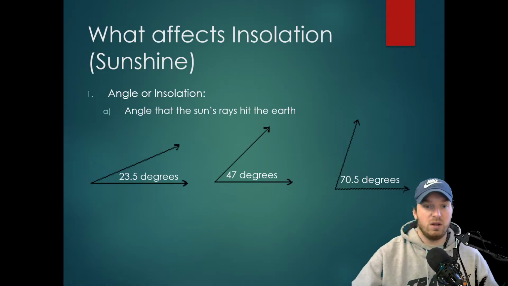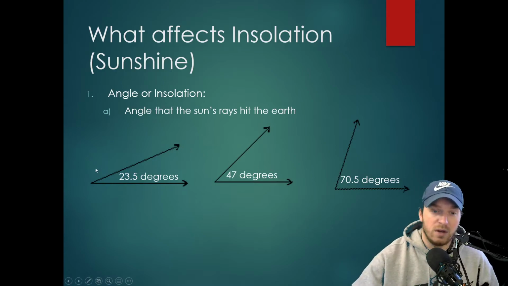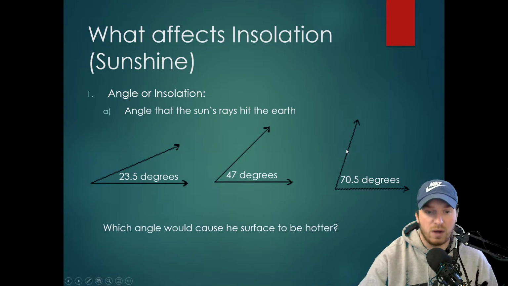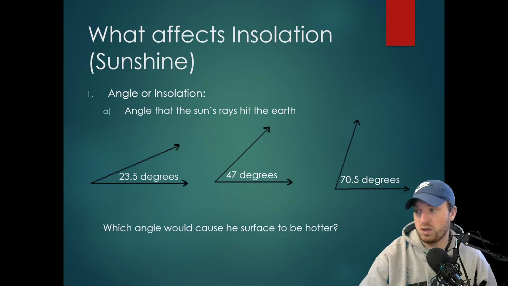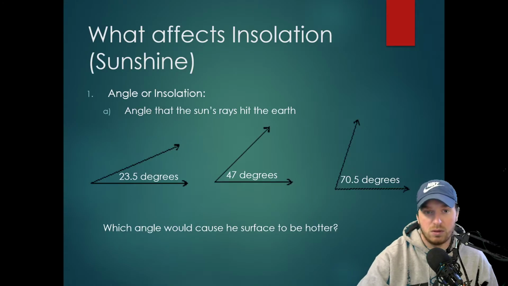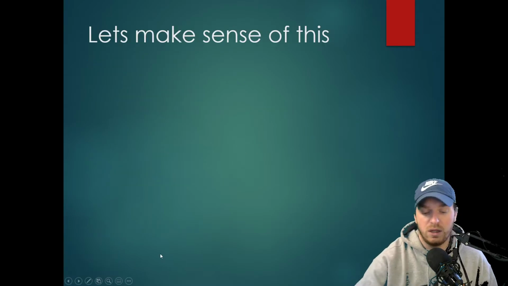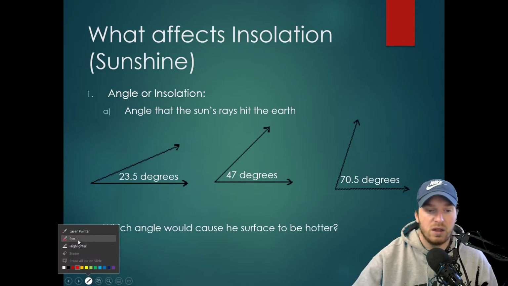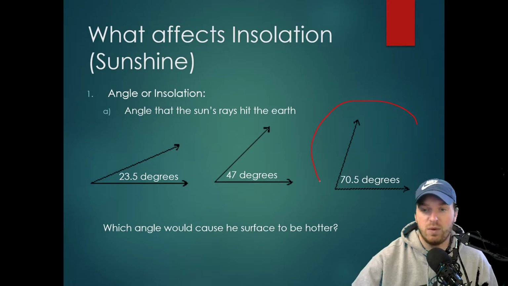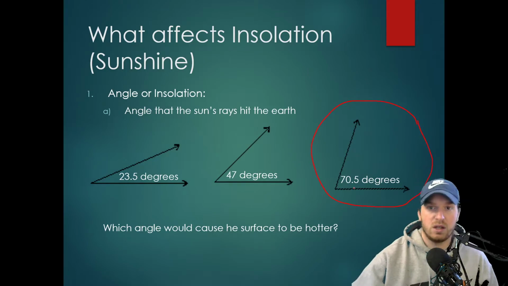Now, if the sun is giving off rays at 23.5 degrees or 47 or 70.5 degrees, my question is, which angle would cause the surface to be hotter? It's pretty self-explanatory to say that the 70.5 degree angle is going to be the hottest. This one right here is going to get more direct rays of sunshine, and so this one is going to be hotter. When the sun is higher up in the sky is when we have the hottest surface.